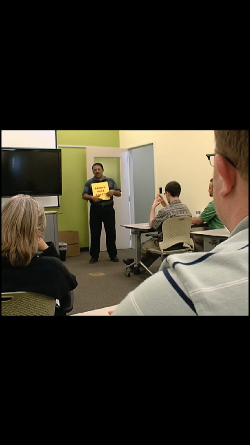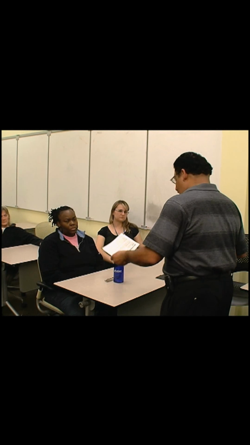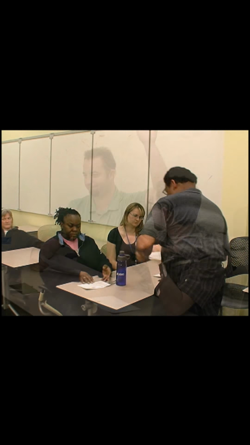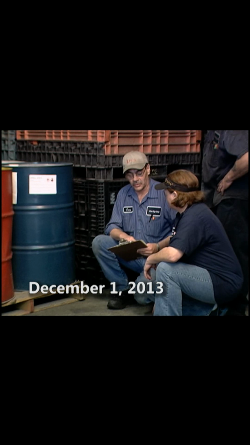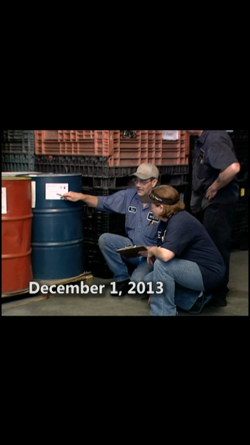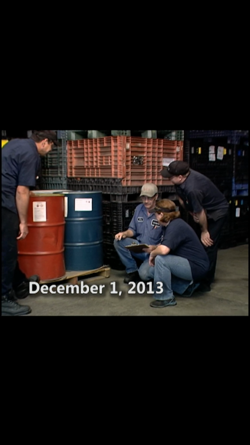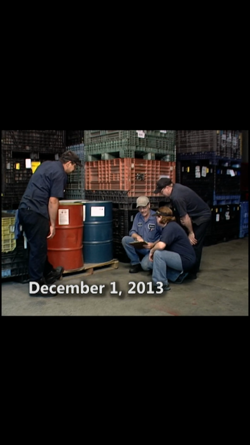To allow for a smoother transition, in the United States, rolling out the new system will take several years. As a worker who will be affected by the changes, there are several dates that have been set by OSHA that you should be aware of. By December 1st, 2013, employers must train workers on the new label elements and SDS format.